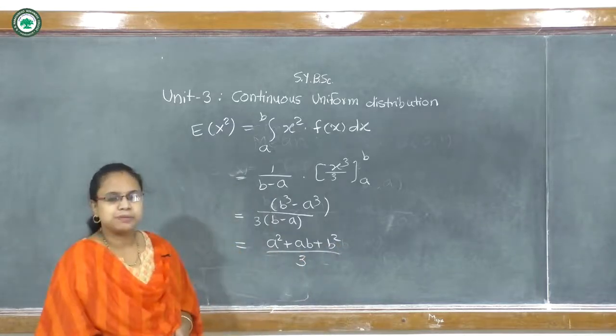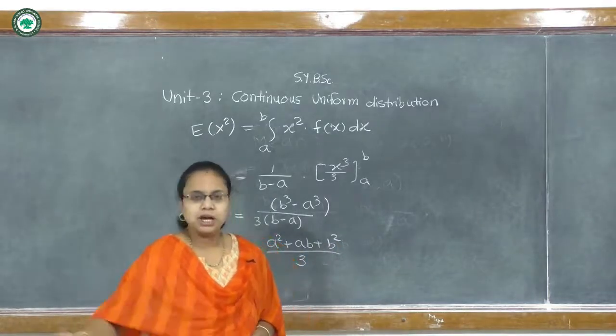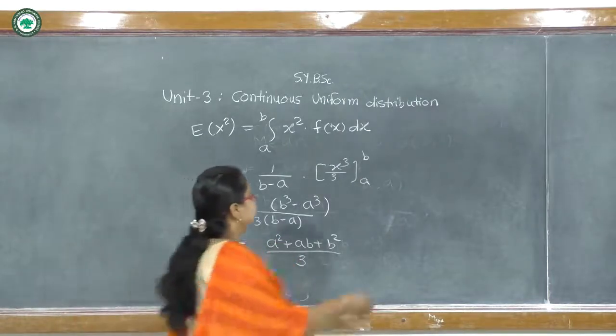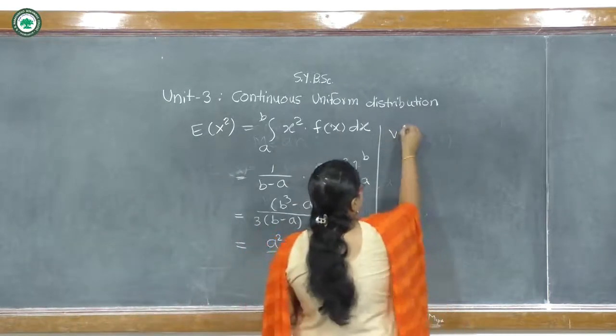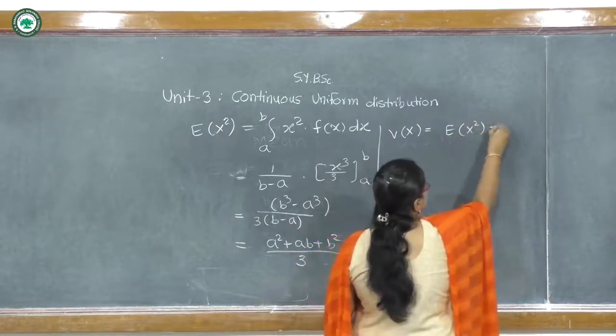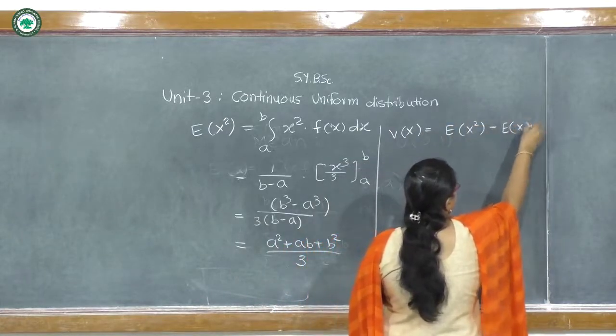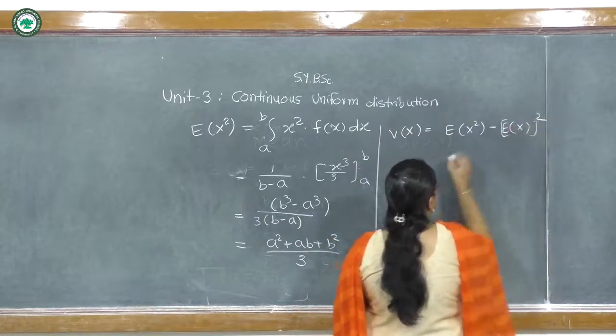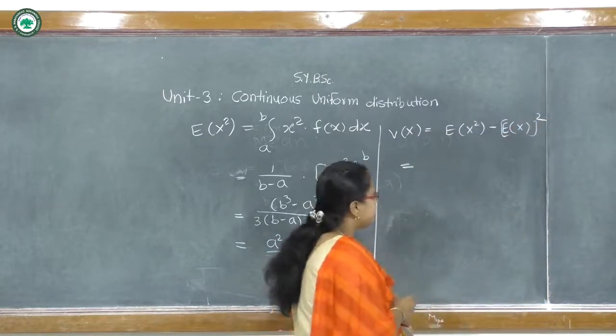This is expected X square, and now for the variance we substitute the values.